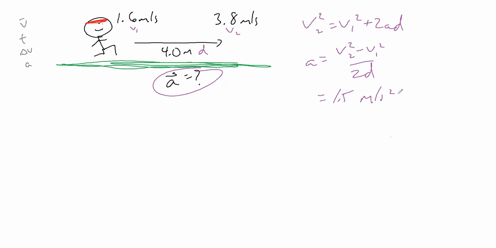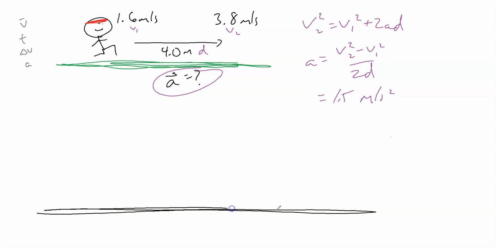Okay, let's try something else. Let's draw a car. Nice, fancy green car motoring along, and let's say the car is cruising along at 18 meters per second.